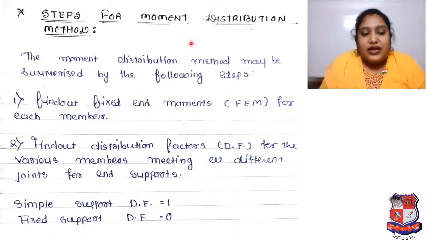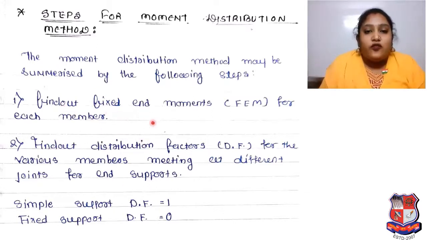Based on that, we will go for the steps of the moment distribution method. The moment distribution method may be summarized by the following steps. Dear students, please focus on the steps, because whatever basic terms we have seen in the previous slides will be helpful to solve the problem.